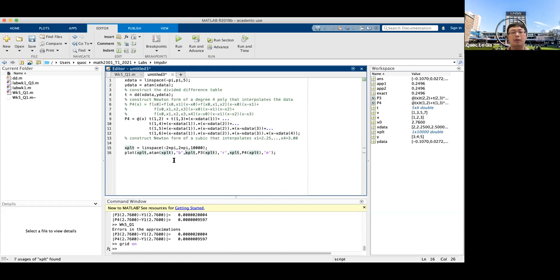And we don't need P3 anymore, right? So we just need P4, in red. And that's it. We just cut and paste exactly the same thing from the previous question, so we just reuse the previous command. And this one makes a plot.